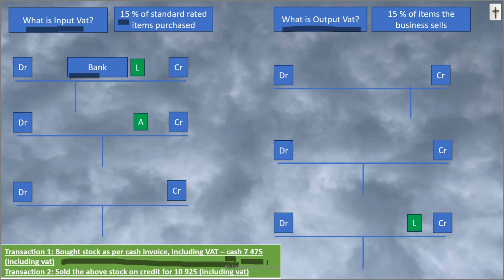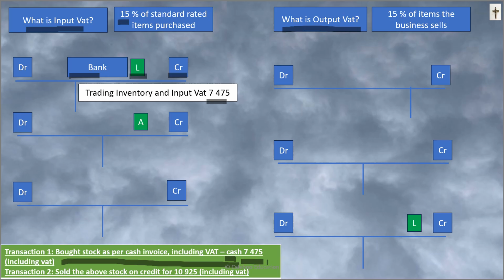And bank here is a liability, you will see, because we're in overdraft. It has a credit balance according to our books. So bank gets credited. This full amount is paid for stock, 7,475.